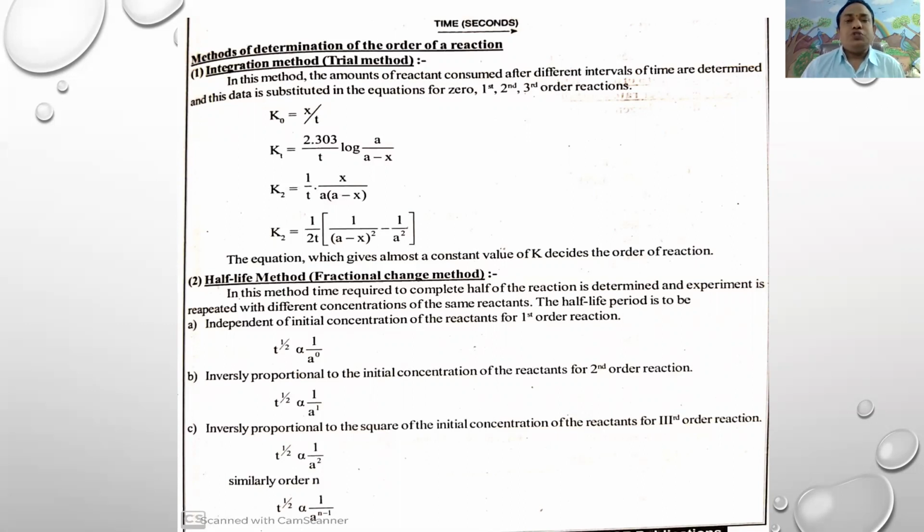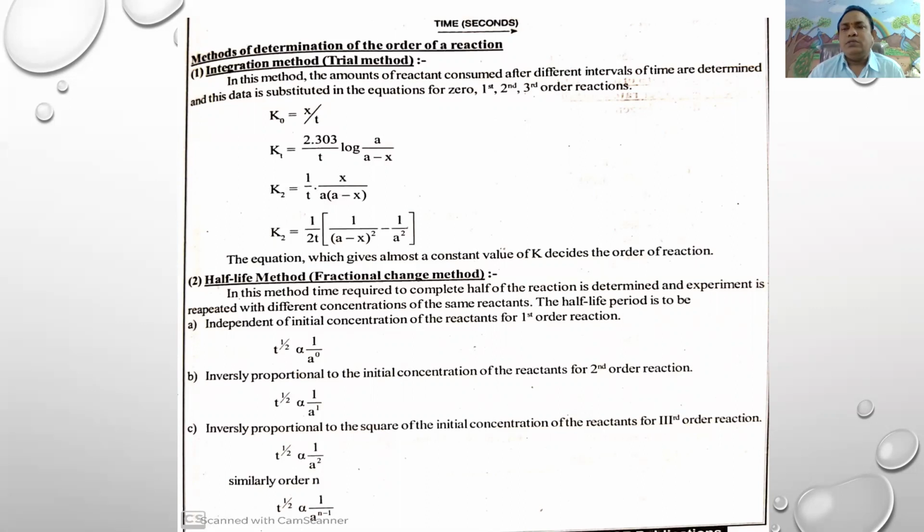While substituting the amount of reactants left after different time intervals in the above rate constant equations, the equation which gives almost a constant value of K decides the order of reaction.